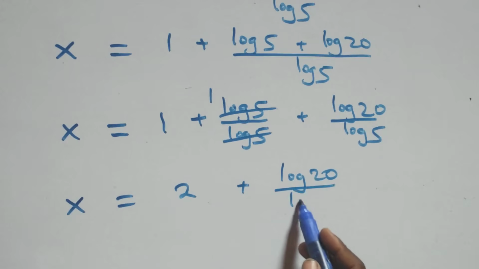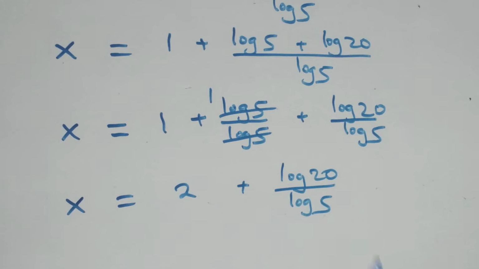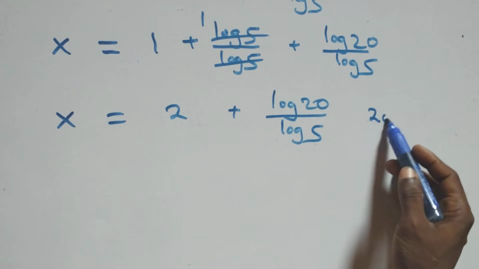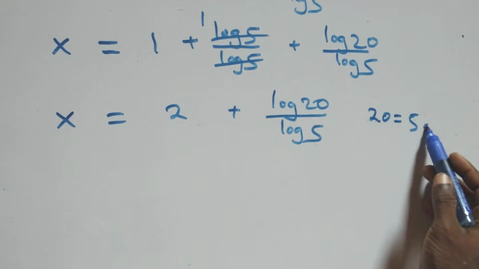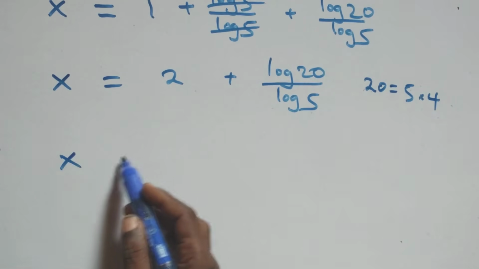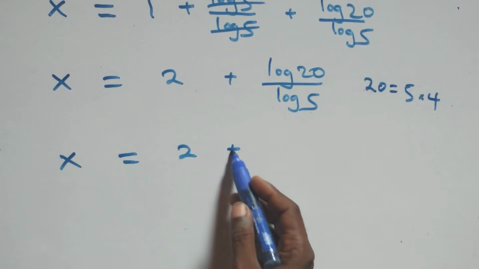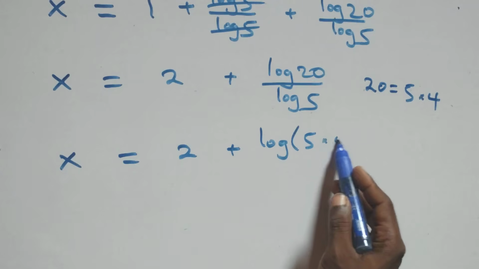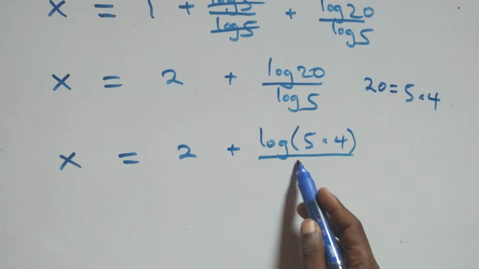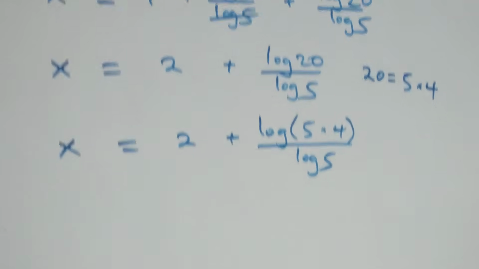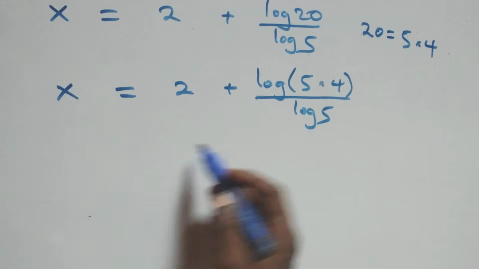We have one left here, which implies x equals 1 plus 1, that's 2, plus log 20 over log 5. The next step here, 20 can be expressed as 5 times 4, which implies we have x equals 2 plus log 5 times 4 over log 5. Here we apply the law of logarithm as well.